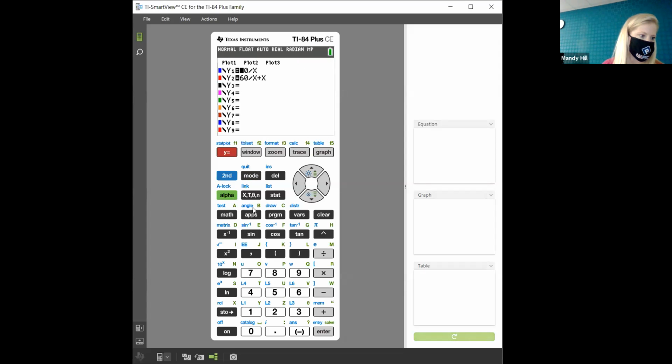And this time we have -10 in the front, and then on the bottom, and this needs to be divided by x.